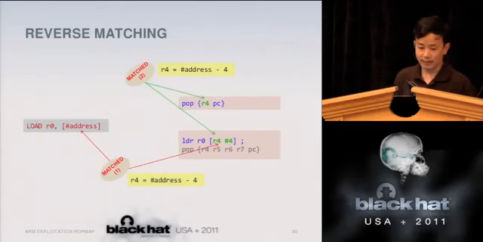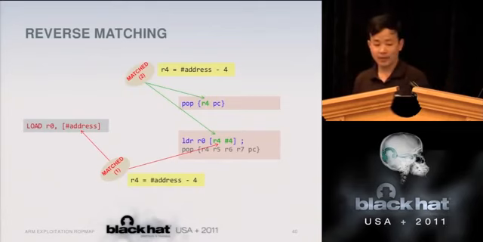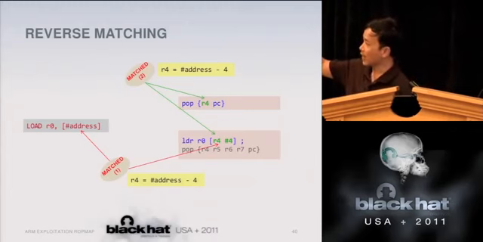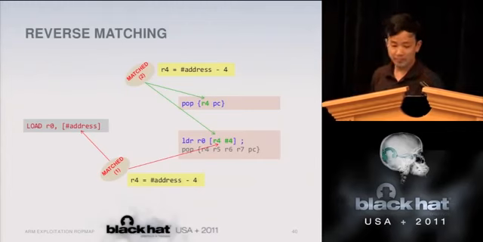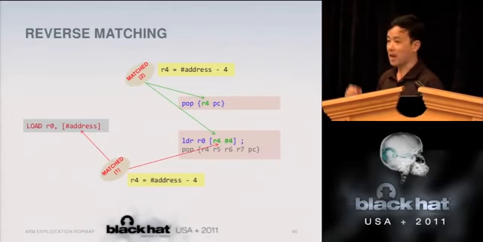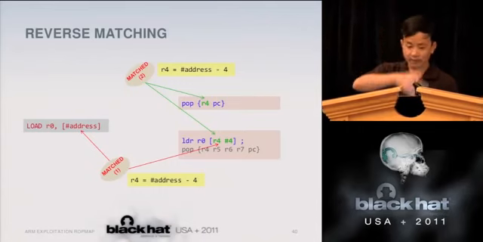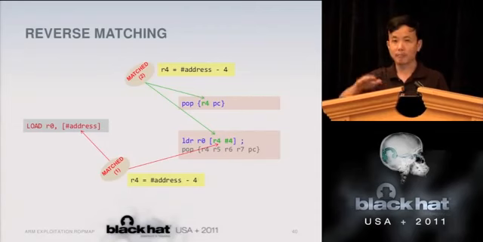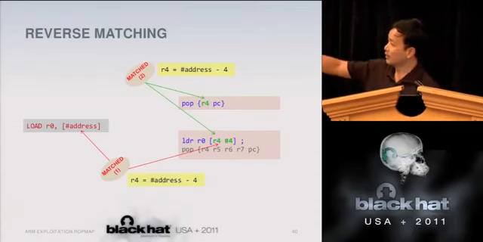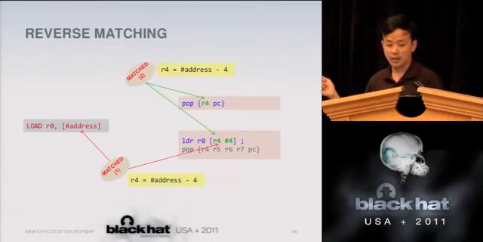First, we do the revert matching. You can see here, for example, if you want to load register R0 from memory pointed to by an address, you find the chain pop R4, PC and then load R0 from R4 plus 4. So you do the reverse from the last instruction back. We have here that the address must be matched with R4 plus 4.